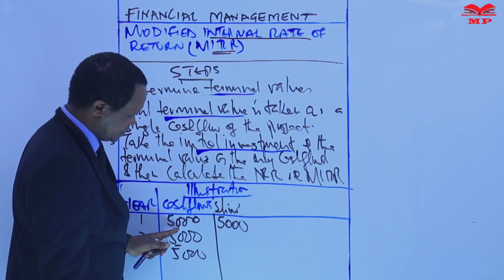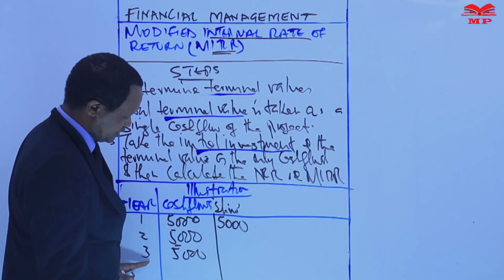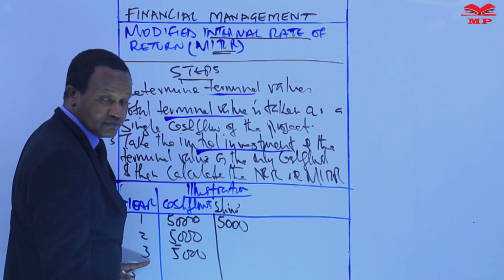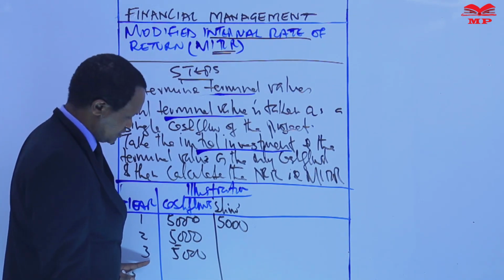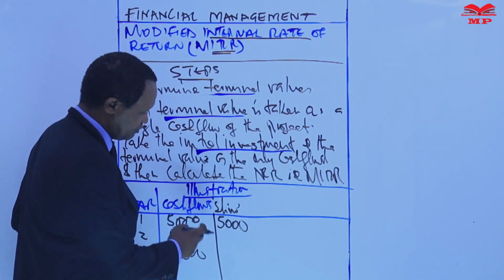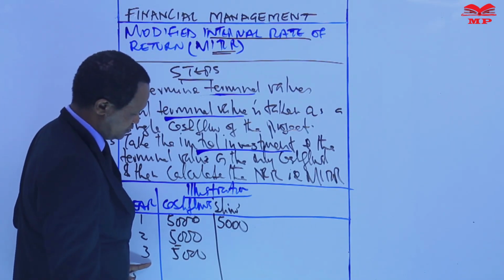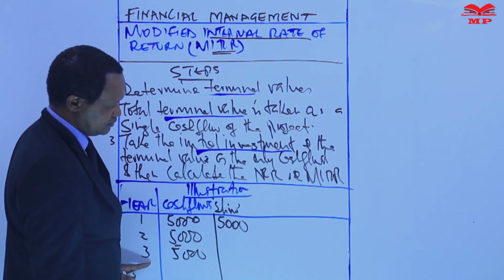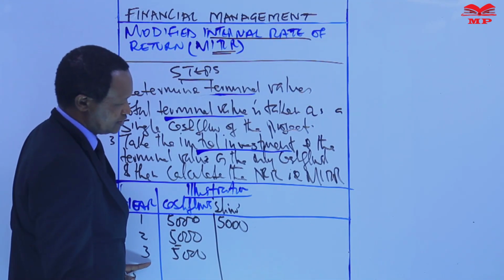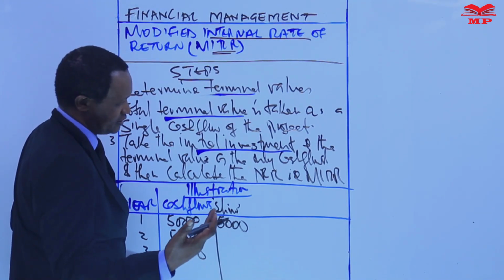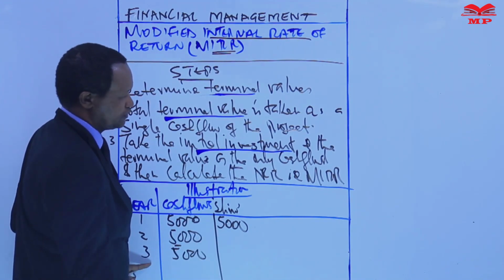So meaning, by the end of year 3, what will be the period? We are going to compound these 5 million for how many periods? Compounding, candidates, means calculating the future value of a cash flow.